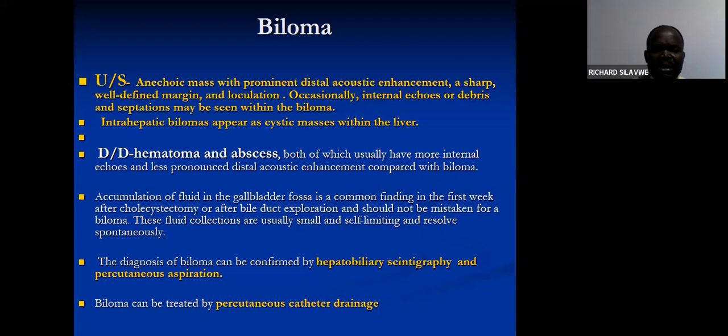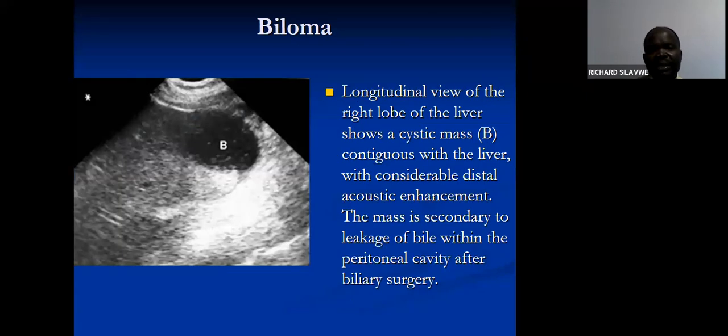Biloma can be treated by percutaneous catheter drainage. So we can see that one there. That's a biloma, a longitudinal view of the right lobe of the liver, which shows a cystic mass contiguous with the liver with considerable distal acoustic enhancement.